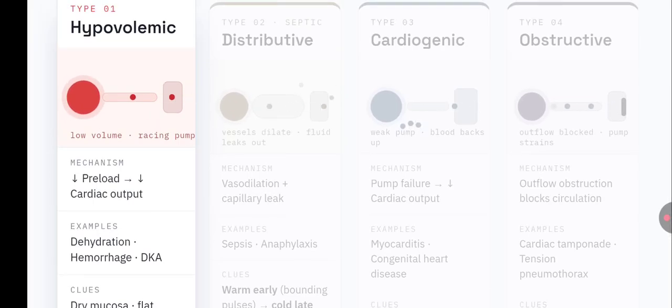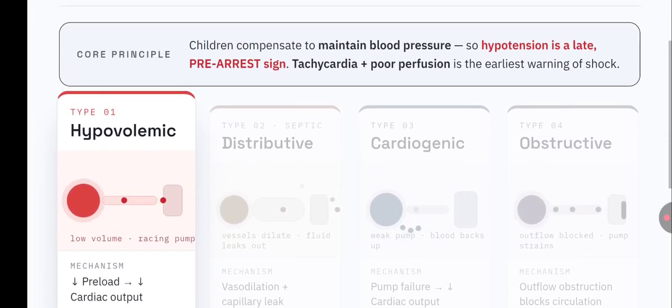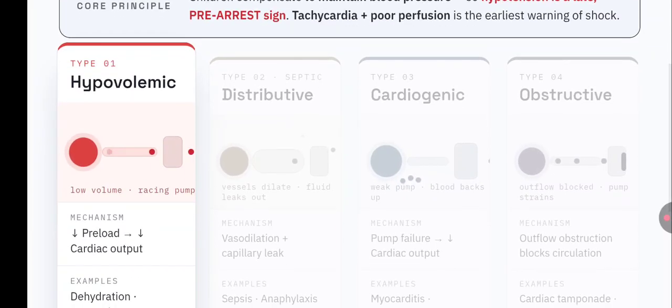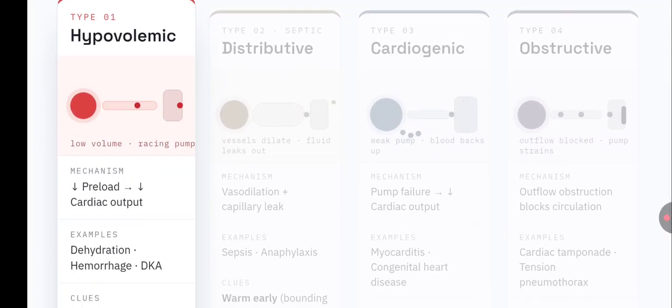In hypovolemic shock, if I ask you, what do you think is the first management step?